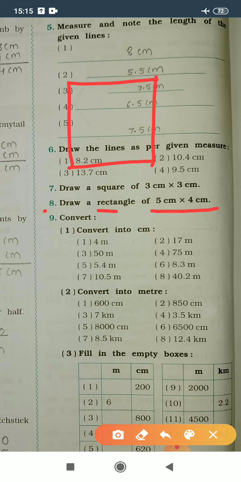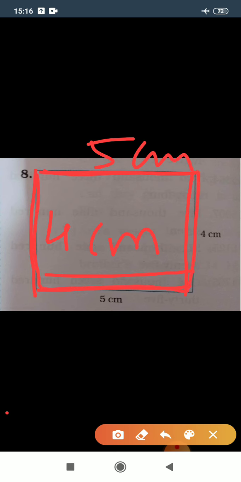So let's see. You can see here these two sides are 4 centimeters and these two sides are 5 centimeters. So with the help of a scale you can draw this.